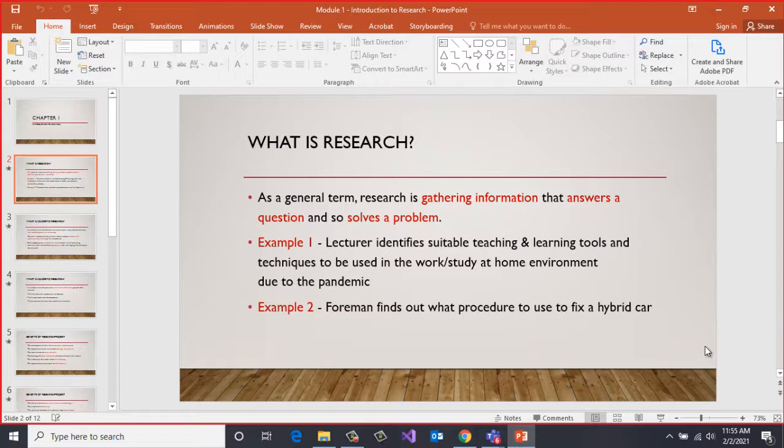When you said the foreman fixing his car is not research, I was thinking of someone cooking or baking, who is not exactly an expert but is technically learning. So is that research or is it not research?